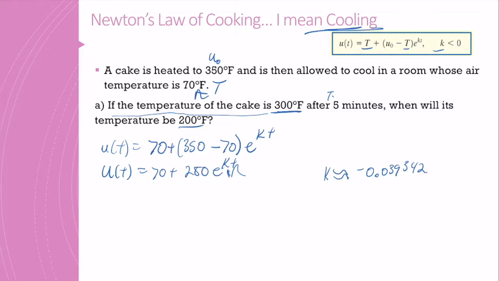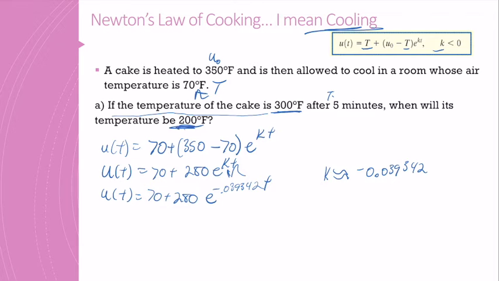All right, so now I have U of t equals 70 plus 280 e to the negative 0.039342. I don't know why I kept so many decimals on the exam. I'll tell you how many decimal places to round to. Probably not 7 like I have here. Nope, 6. Can't count. 6 to the t.